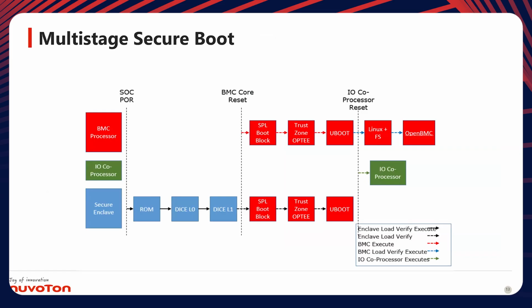Now we have the two multi-stage secure boots, which are probably more the same than different. In our case, we start with the root of trust getting out of reset. BMC is still in reset. There's no way that the root of trust is in reset and BMC is alive. The opposite does happen.